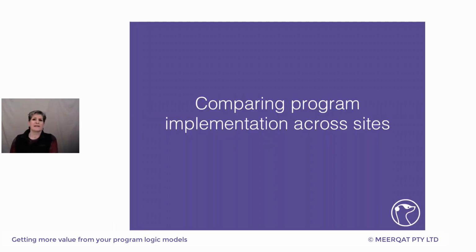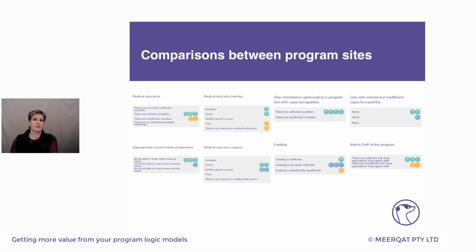The second way is a variation on this, whereby you use your interactive logic model to compare the implementation that is occurring across multiple sites implementing the same program. To do this, you would use the same base map as the starting point and set up a separate assessment activity at each of the sites of your program. The Meerkat application allows you to run reports comparing the assessment results at each site. You're just looking at a segment of a report here.